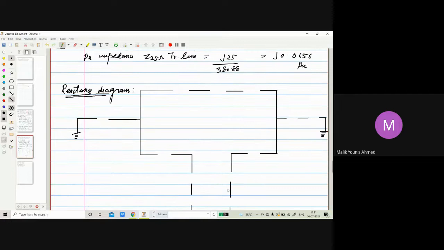So one by one. If you go to the main diagram, you will see the generator will be represented by a voltage source and by the reactance.